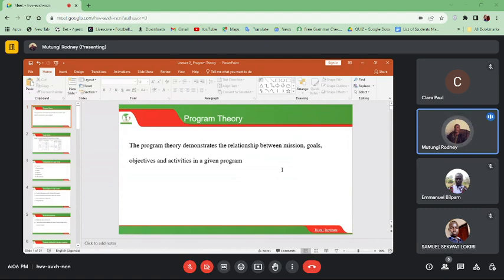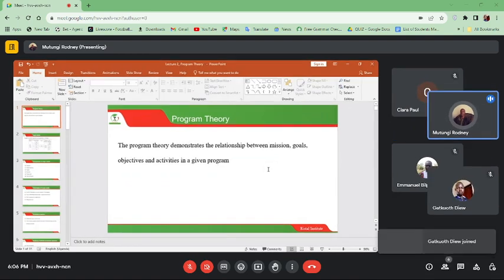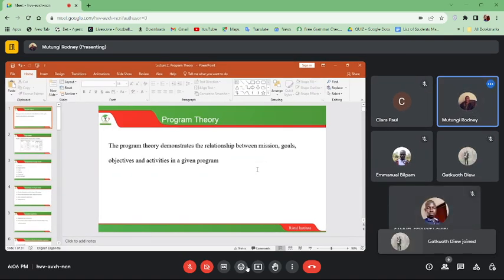Okay. Then we also looked at how we can get data that will help us in monitoring and evaluation. We also looked at a few keywords like indicators.